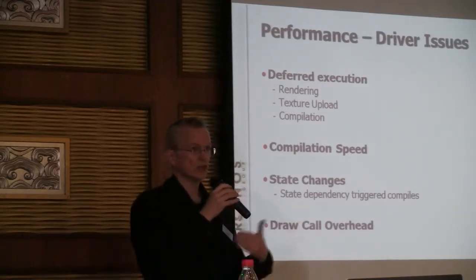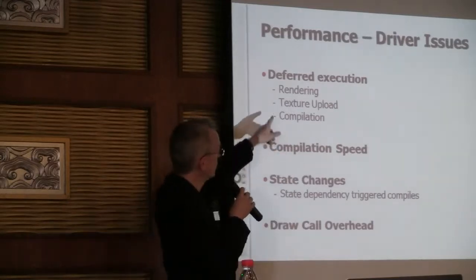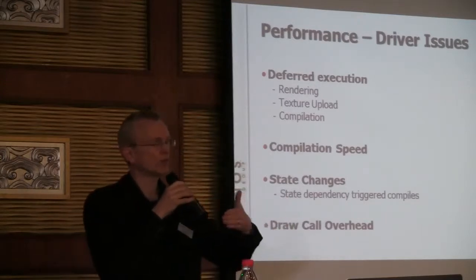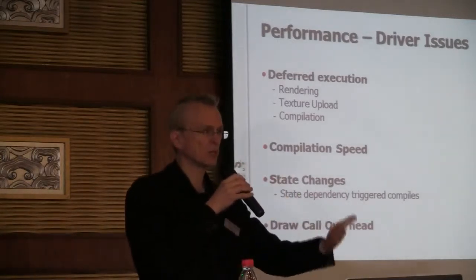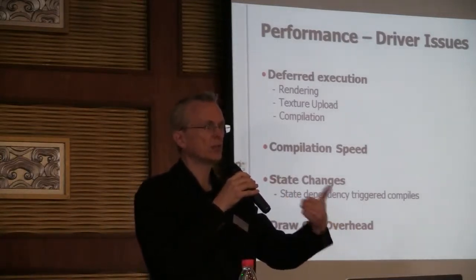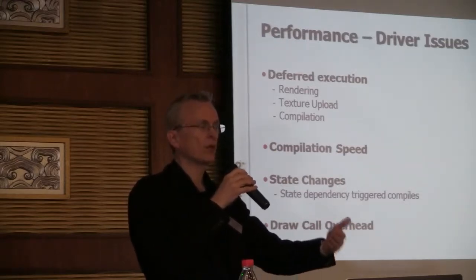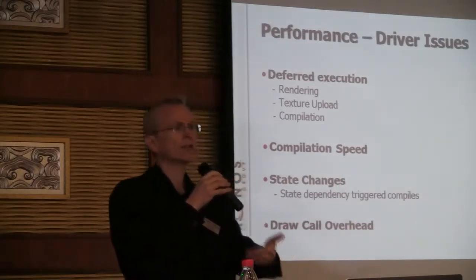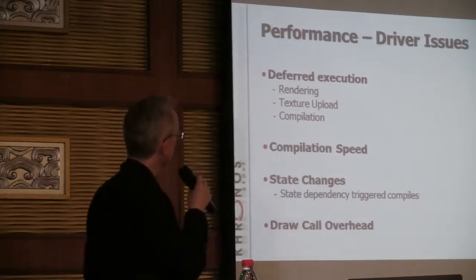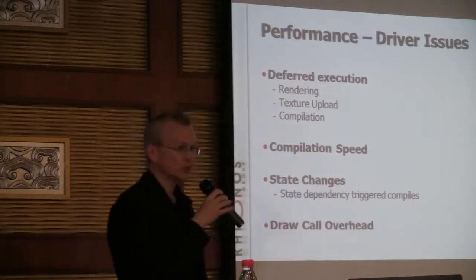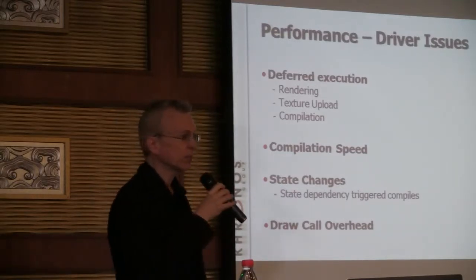Many implementations also do this with texture data. If you give GL pixels and say, please make a texture with these pixels, it may happen when you ask for it, or it may not happen until you try to draw using those texels. Compilation speed for the shader is another issue.